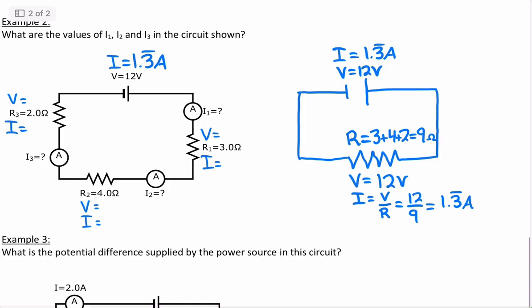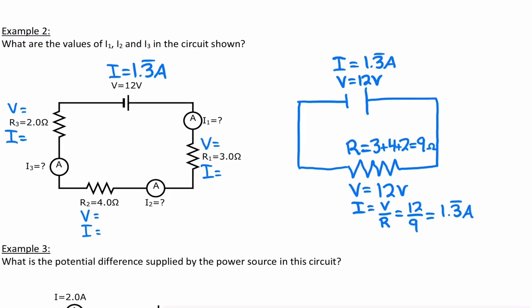And now we can go back to this original circuit, look at what we were being asked to find. We were being asked to find I1, I2, and I3, the currents being read by these 3 ammeters. And because everything here is in series, the current has nowhere else to go.